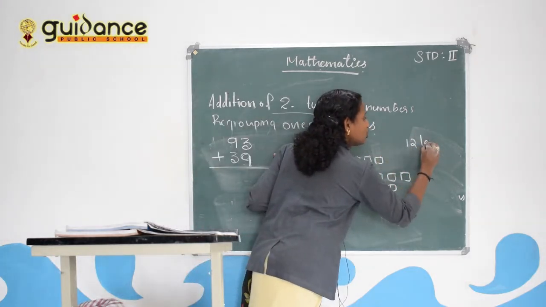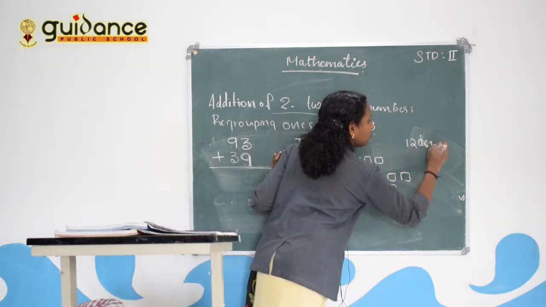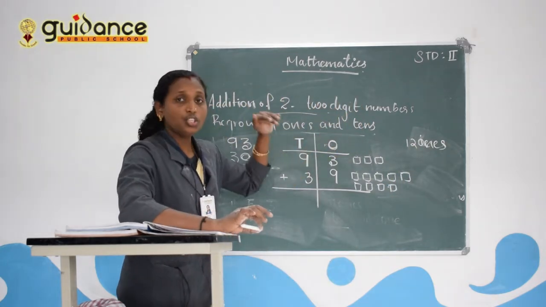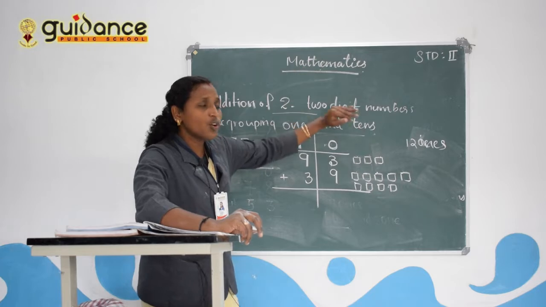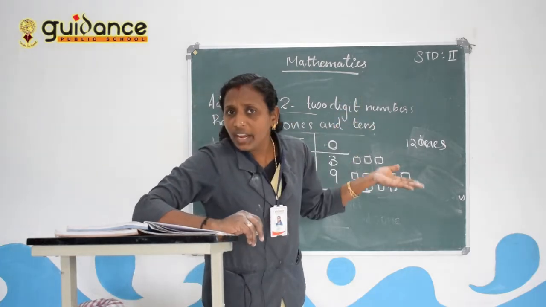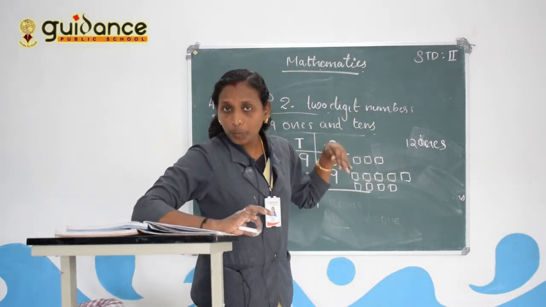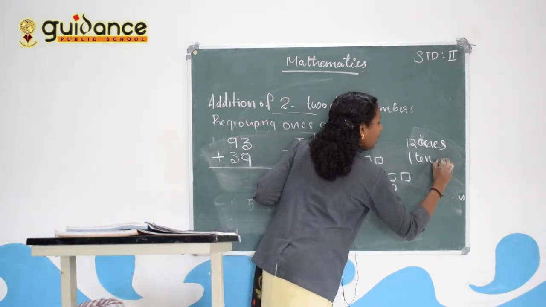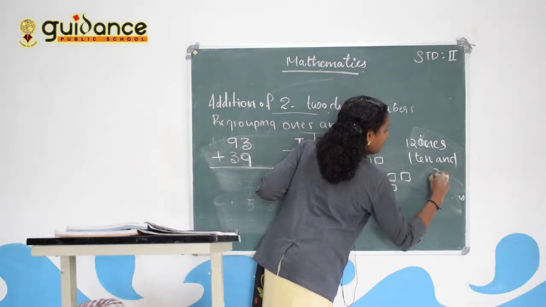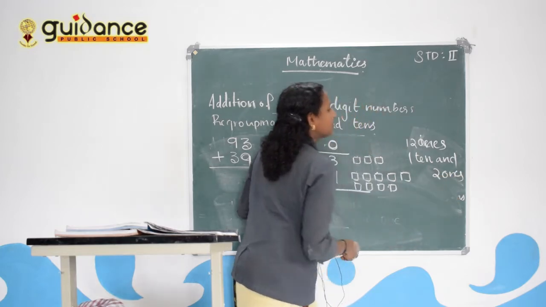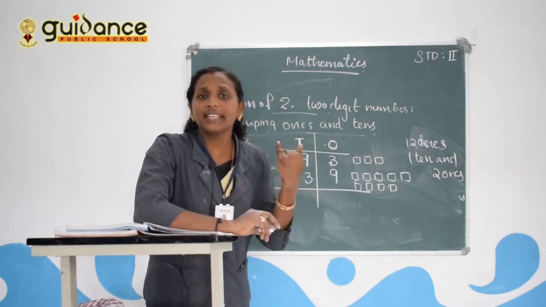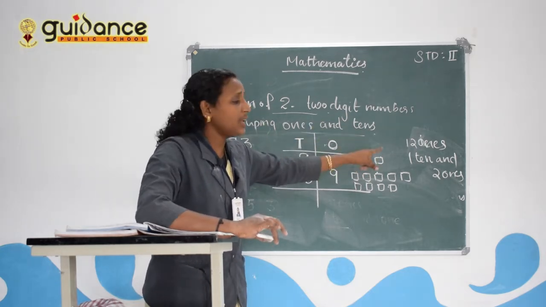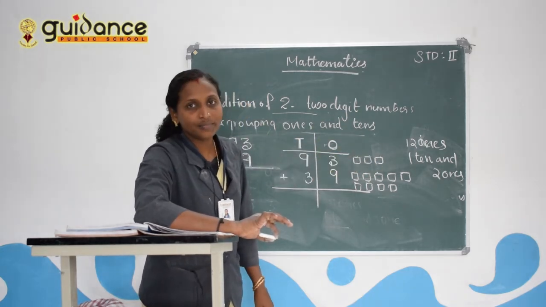It has 12 ones. 12 ones can be regrouped into 1 ten and 2 ones.